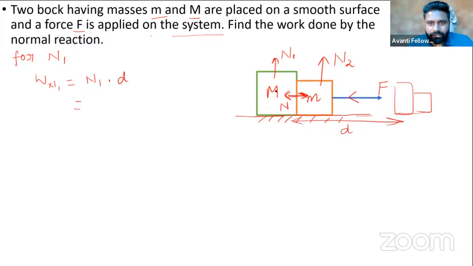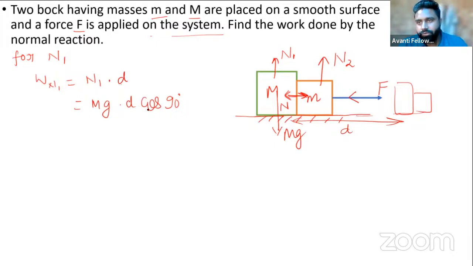N1 is nothing but mg. So you can say mg d cos of the angle between mg and d. It is 90 degrees, as I've already told you, the normal reaction is at 90 degrees from the horizontal direction. So the work done will become zero for N1, and the same goes for N2. The work done for N2 will also become zero.